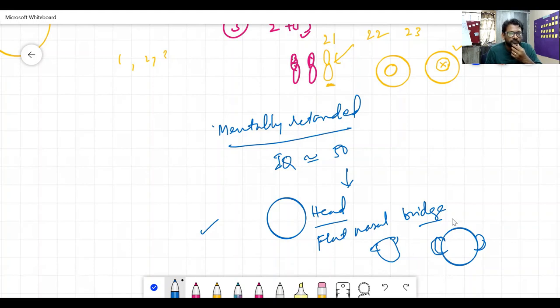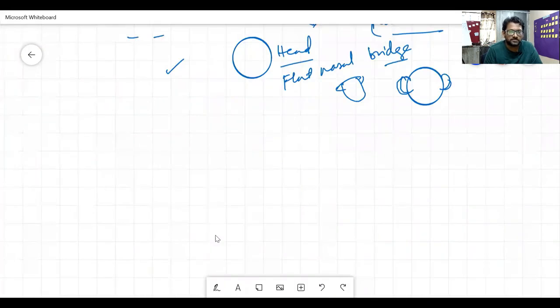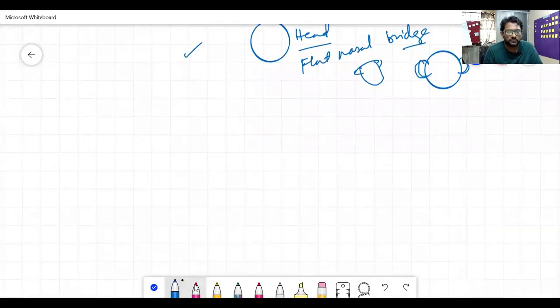And Down syndrome individuals would have poor muscle tone. So in UGC, there is a chance they may ask correct or incorrect statements, or match the following regarding genetic disorders and their symptoms or conditions. So this part would be helpful for you to answer those types of questions.